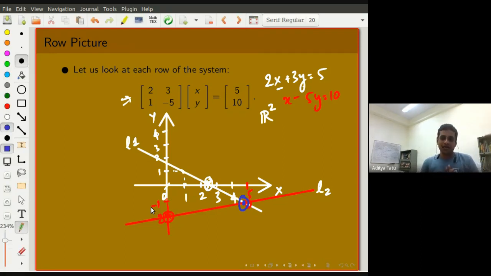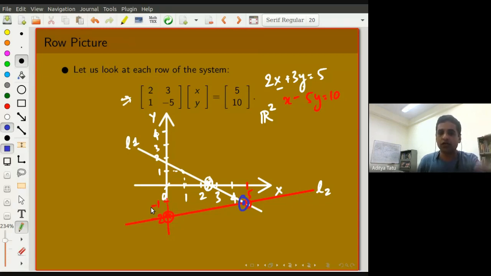Perhaps until now you have only seen 2 by 2 systems where the two lines intersect in a point. With this geometric interpretation, when you solve a linear system of equations you are actually finding the point of intersection between these two lines. When I change the line, I'm changing the equation.